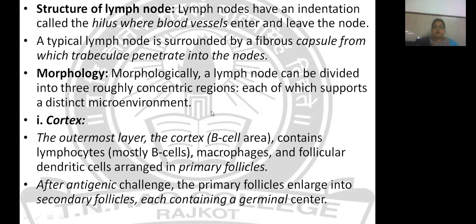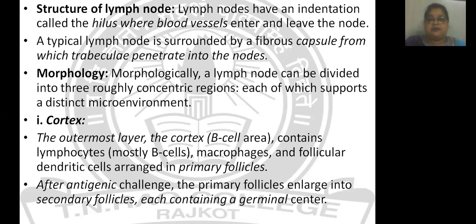The morphology of the lymph node can be divided into three rough concentric regions, each of which supports a distinct microenvironment. This microenvironment is very important for activation, proliferation, and production of immune response by B lymphocytes and T lymphocytes.